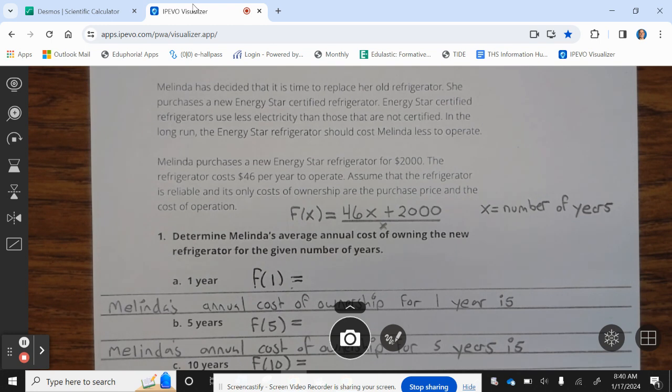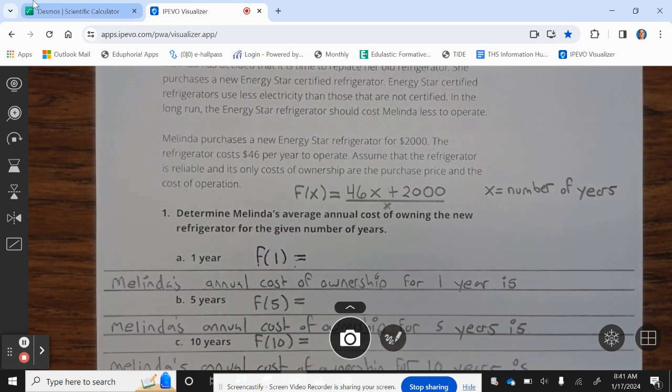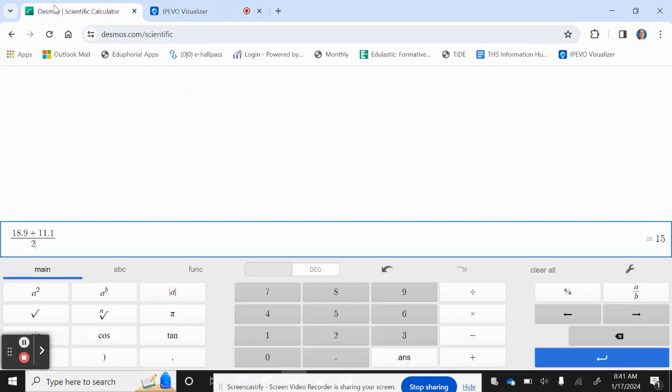So the equation we're going to use is f of x equals 46x plus 2,000, all divided by x, where x is the number of years. So for f of 1, that's going to be 46 times 1 plus 2,000 divided by 1, which is 2,046.